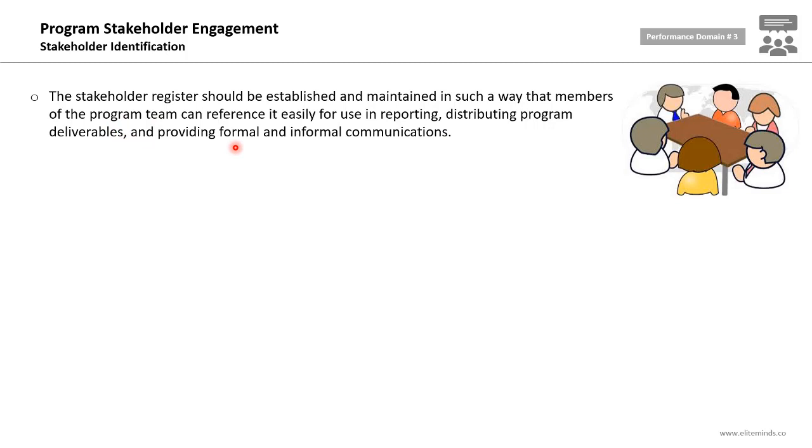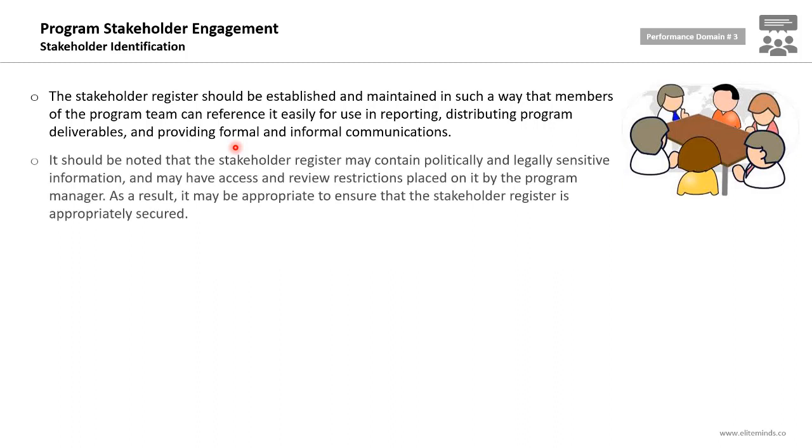So when it comes to stakeholders, their preferred communication method, their communication or contact details, the program team will use this stakeholder register as a reference throughout the program duration. It should be noted that the stakeholder register may contain politically and legally sensitive information and may have access and review restrictions placed on it by the program manager.